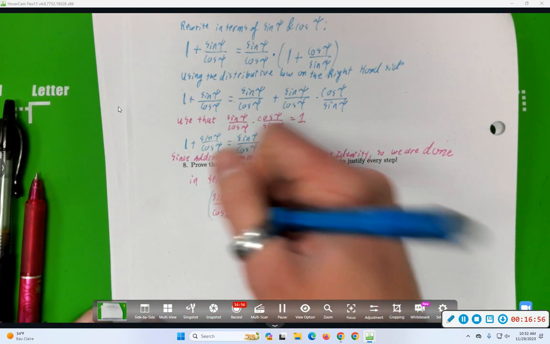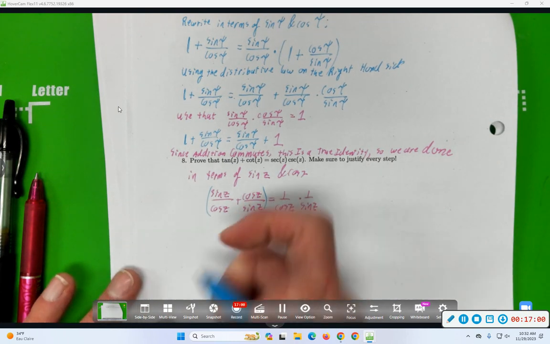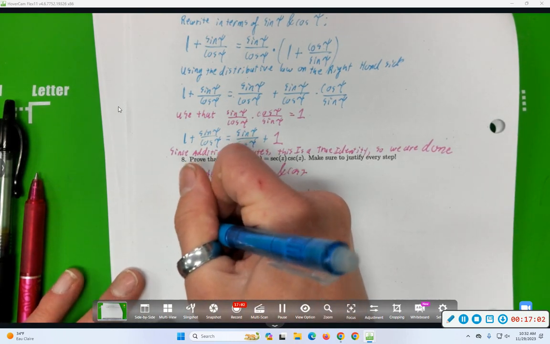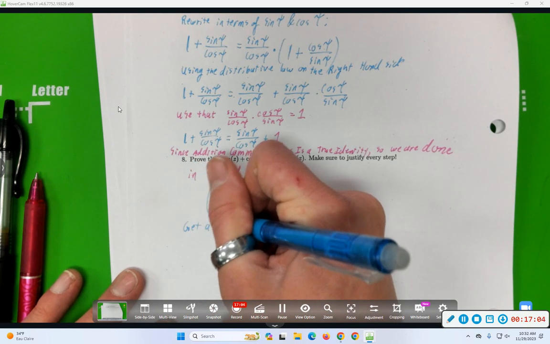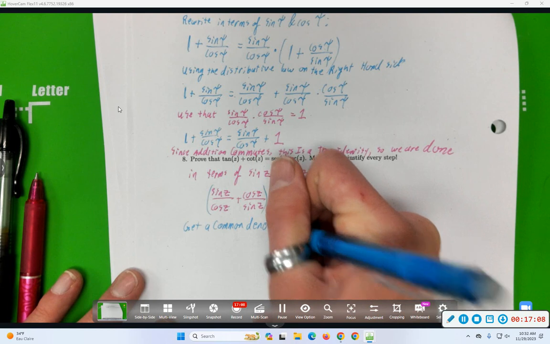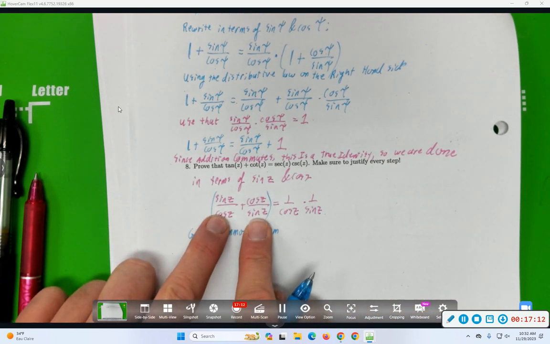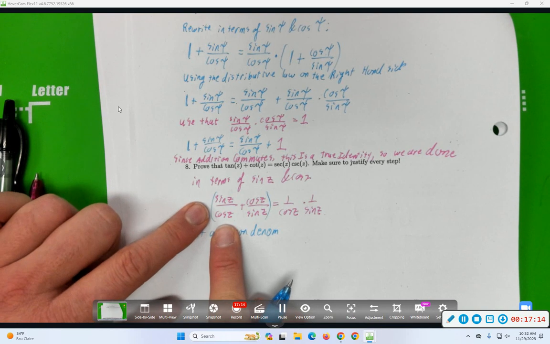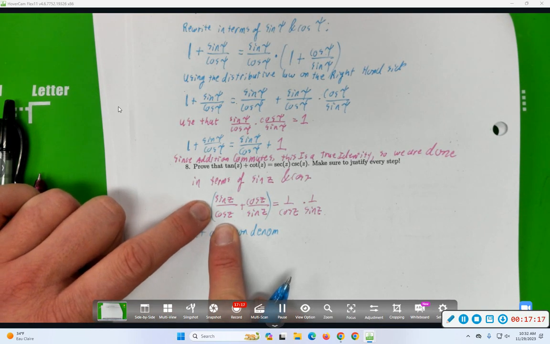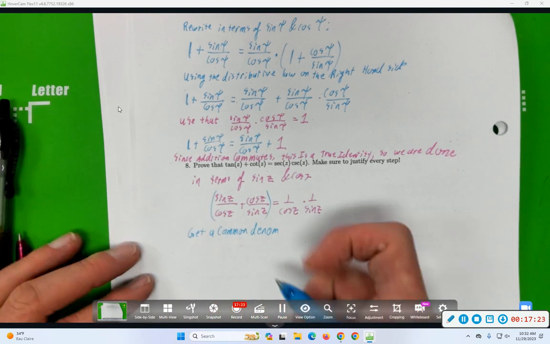And on this side, I see a fraction plus a fraction, so let's get the common denominator. So the common denominator is going to be cosine times sine. So it looks like the first bit I have to multiply and divide by cosine. Nope, I have to multiply and divide the first side by sine in order to get the denominator to be sine times cosine.